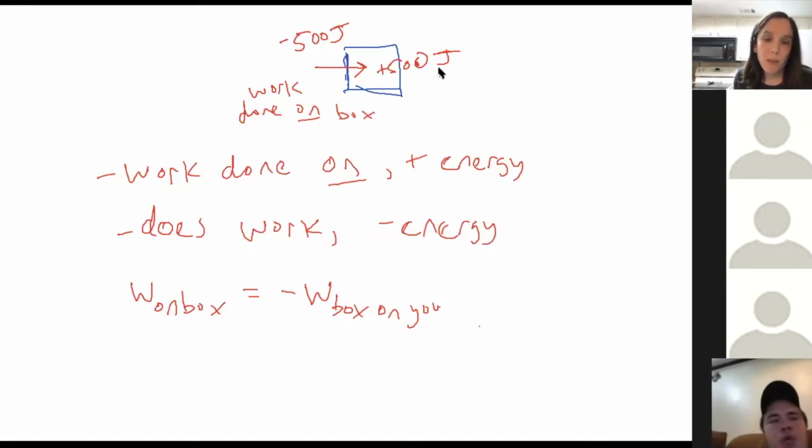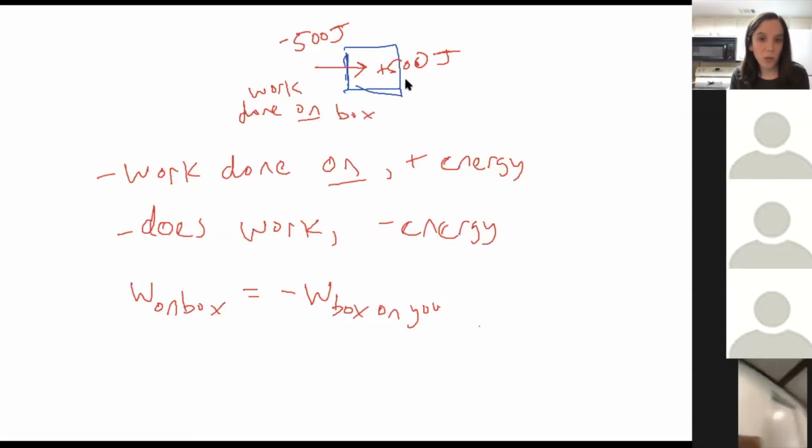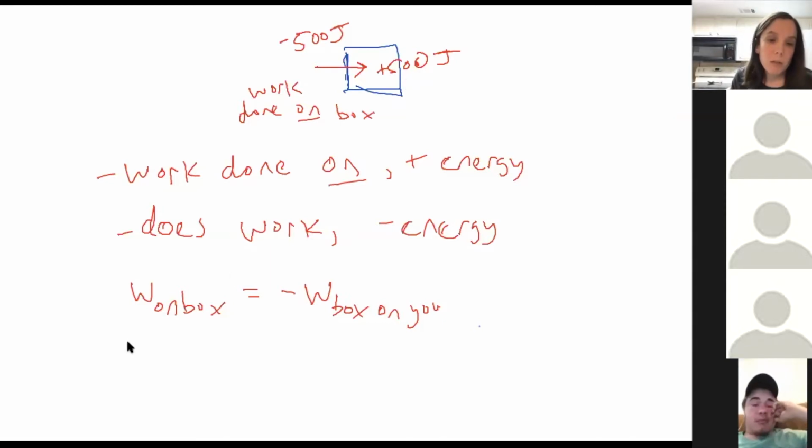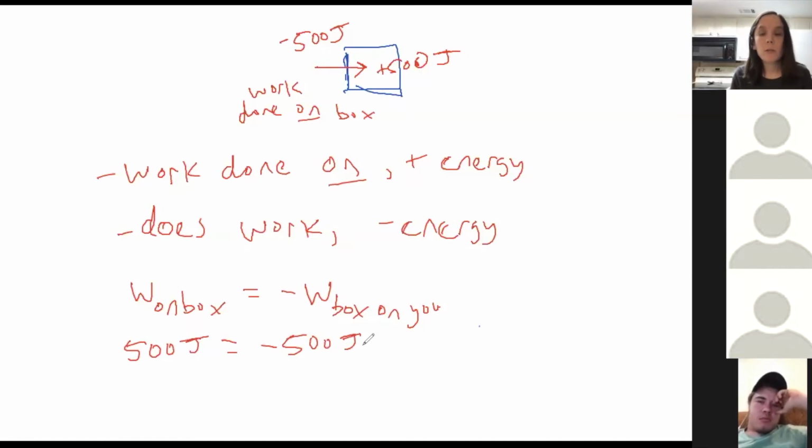So while you give the box energy, you lose the energy. What you could say is that the box did work on you and took away your energy. So the work done on the box is 500 joules, that's positive, but the box did negative 500 joules of work on you by taking away your energy.